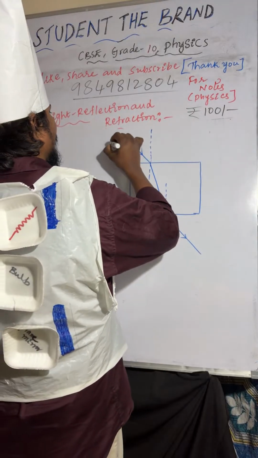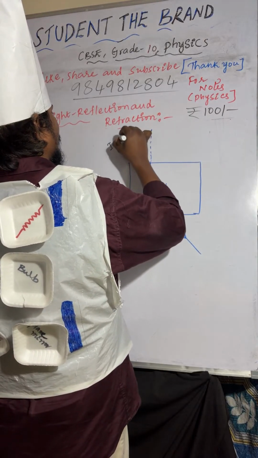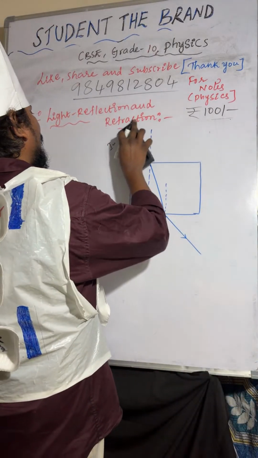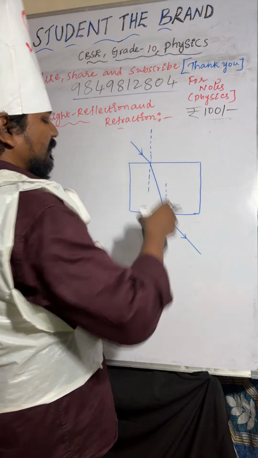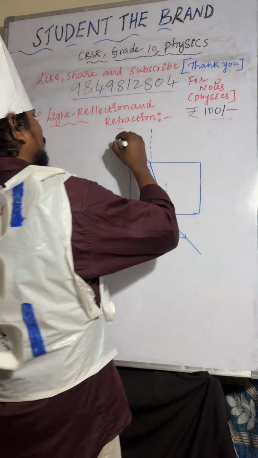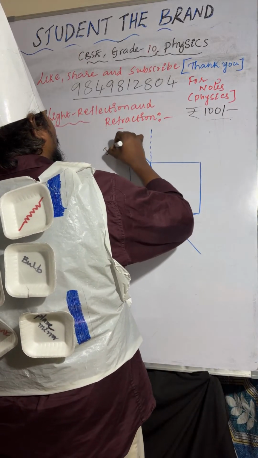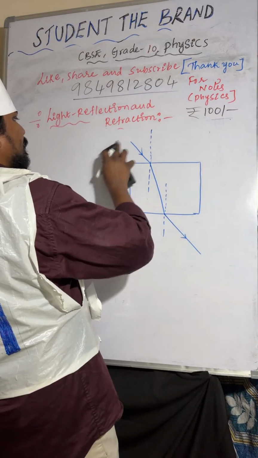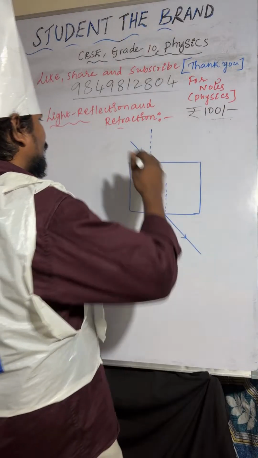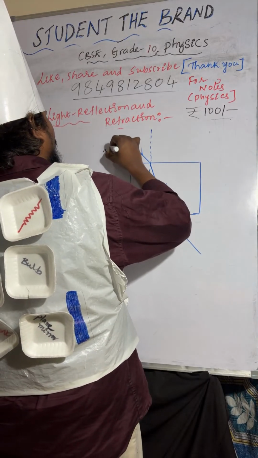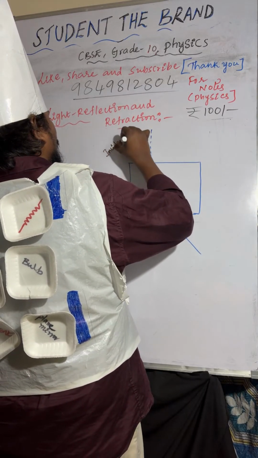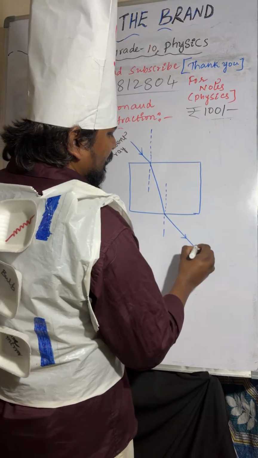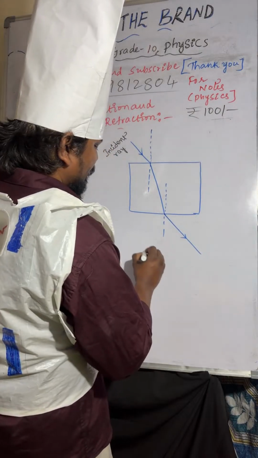So this is the incident ray, this one is the refracted ray, and this one is the emergent ray.